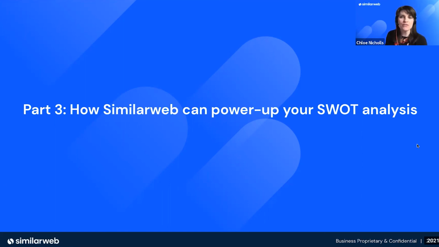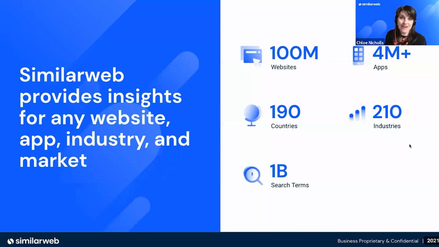What we'll do is take you through the theory that we've talked about and share with you how you can take the practical learning from this session so you can actually do your own SWOT analysis and digital teardown. So how can Similarweb help you with your digital teardown and gain a competitive advantage?